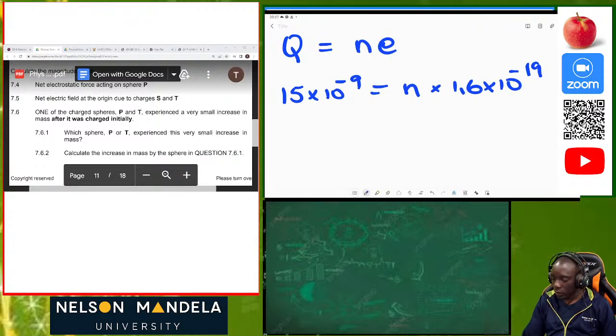So the number of electrons we get by dividing by 1.6 times 10 to the -19 on both sides.